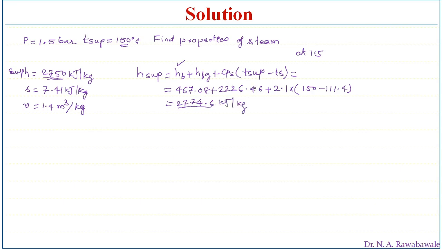If you do not remember this formula, the value of enthalpy of superheated steam can be obtained directly from the Mollier chart. Similarly, the entropy of superheated steam S sup is given by Sf plus Sfg plus Cps natural log of T sup divided by Ts.